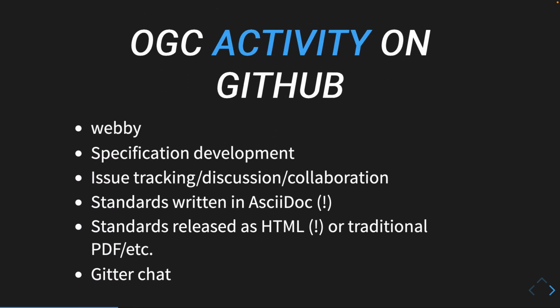A little bit more information on the current workings of OGC. So OGC activity is currently on GitHub, which also lends itself to being webby, and the specification development itself is on GitHub. So you can go to github.com/opengeospatial, and you will see all the OGC API specifications being developed right on GitHub.